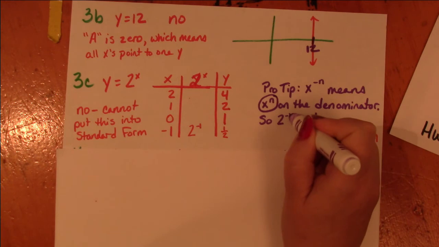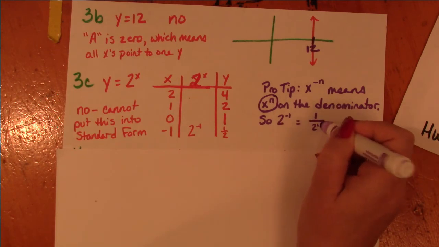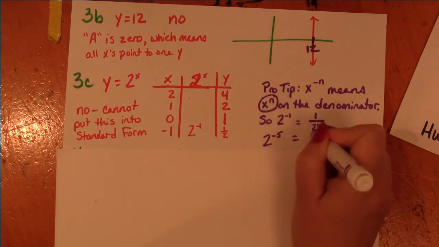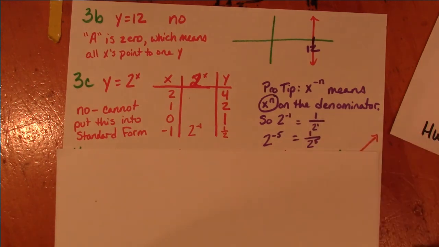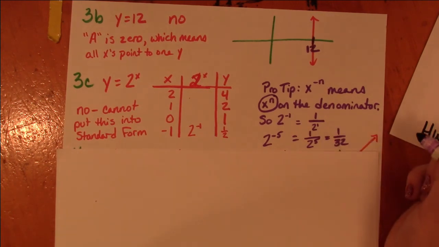So 2 to the negative 1 is the same as 1 over 2 to the 1. And 2 to the negative 5 is the same as 1 over 2 to the 5, which is 2 times 2 is 4, times 2 is 8, times 2 is 16, times 2 is 32, which is the same as 1 over 32. But you didn't need to know that. That's just if you're interested.